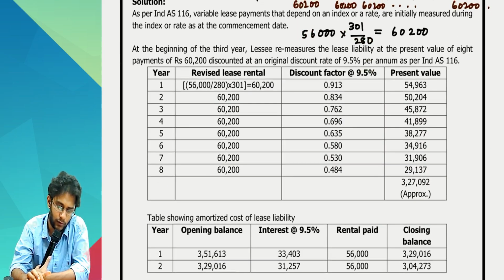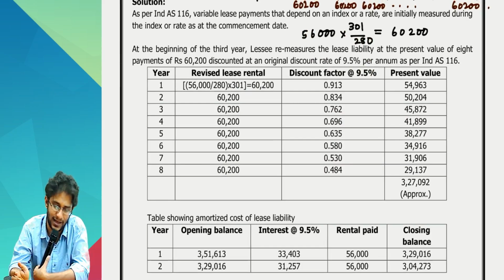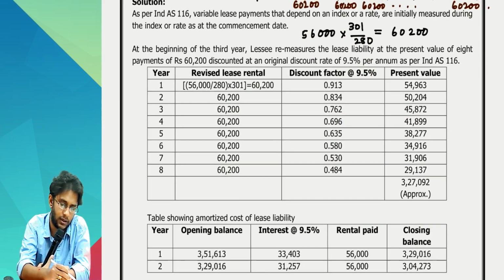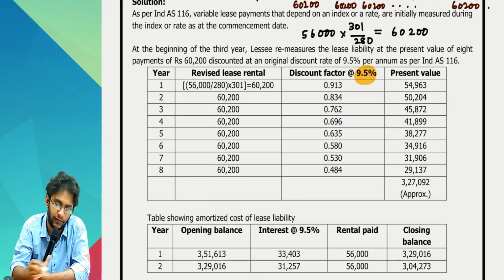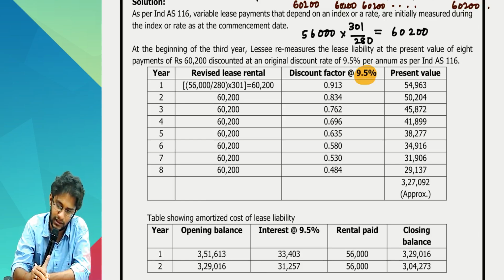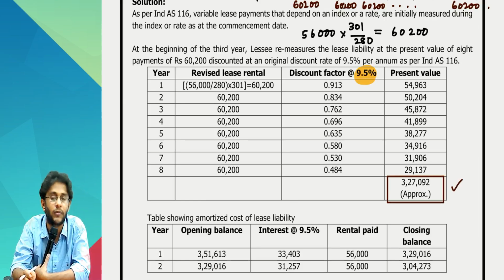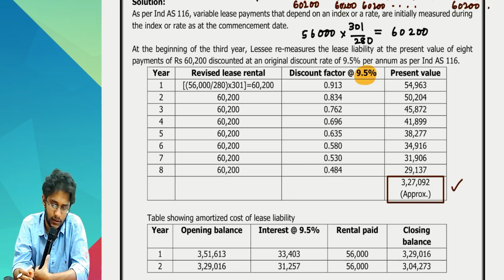So all you have to do is 60,200 remaining 8 years cash flows whatever are there, discount it using your original discounting rate of 9.5%. So when you do that, you are getting an amount of 327,092. So that's it. 327,092 should be your lease liability value at the beginning of third year. So as on today, how much it is?